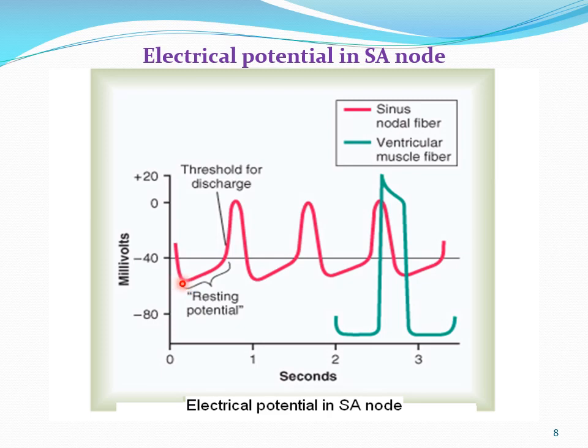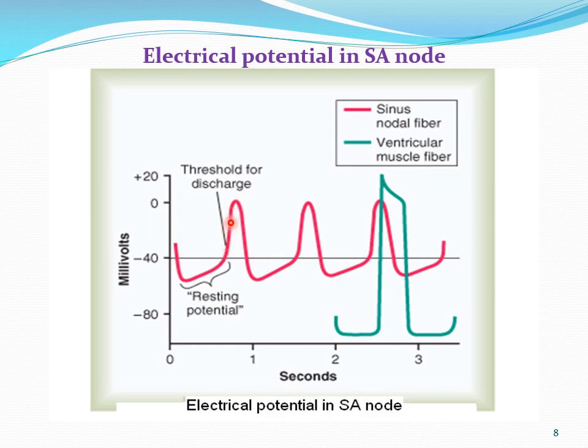That is, from minus 55 millivolt it slowly goes to minus 40 millivolt, and exactly at minus 40 millivolt is the threshold value. At the threshold value it leads to the opening of slow calcium sodium channels, and once the calcium sodium channels open, there is a diffusion of calcium and sodium ions inside the fibers.